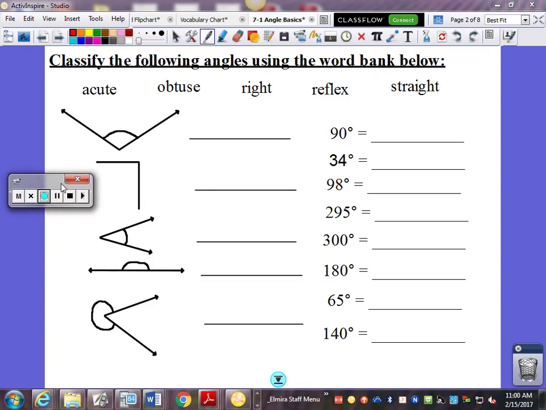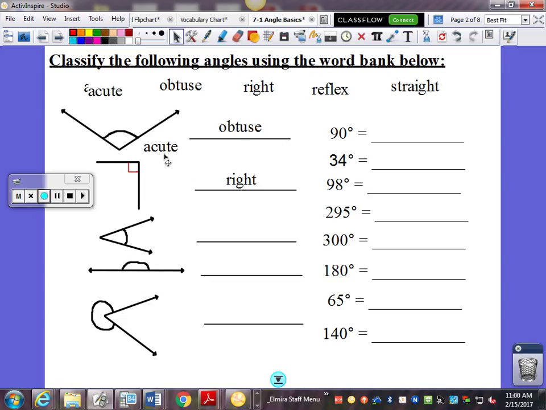Alright, and for each one of these, I've got a picture and that is open pretty wide, so that one is obtuse. This one, I forgot to draw the square in the corner. There should be a square there. That is a right angle. Okay, the next one is an acute angle.